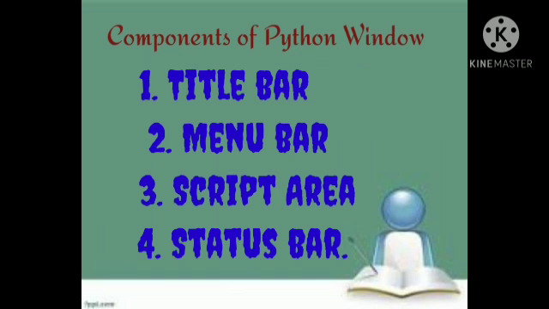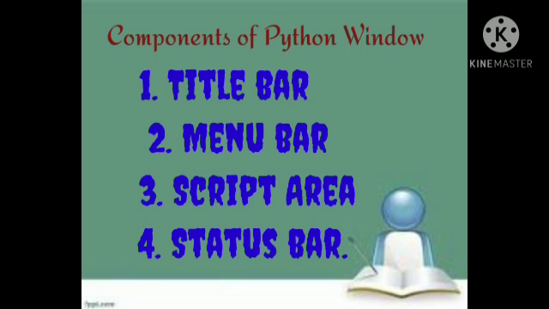Components of the Python window. Just like any other application window, the Python window has the following components. Title bar. This is the area that displays the name of the application and the document. It also contains command buttons like minimize, maximize, restore, and close. Menu bar.